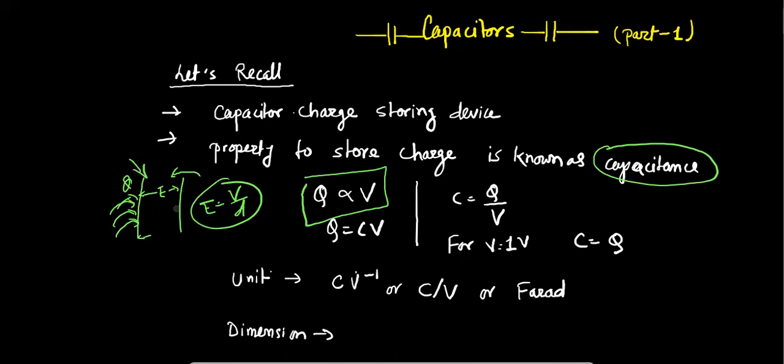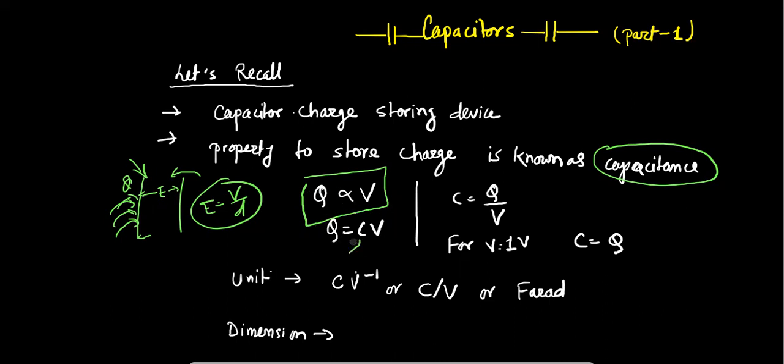From this discussion we can conclude that potential difference is directly proportional to the charge on any plate of the capacitor. So from this we can write this particular expression.